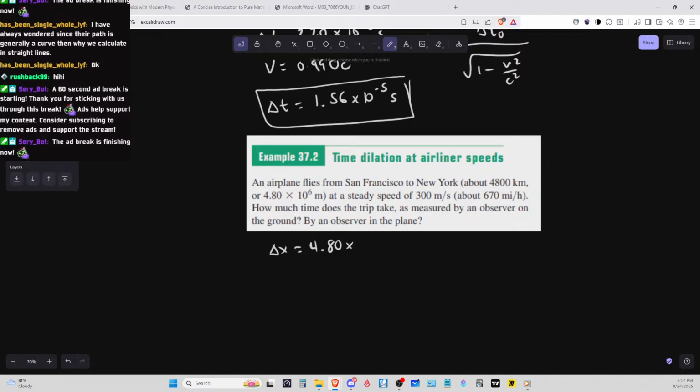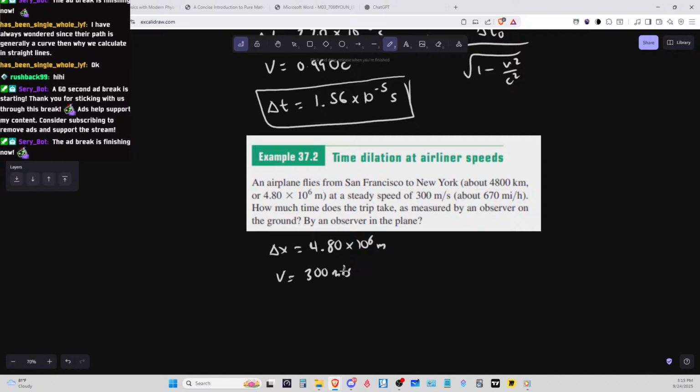Come on, give me the actual SI units, please. Steady rate of 300 meters per second. How much time does the trip take as measured by an observer on the ground and by an observer on a plane?